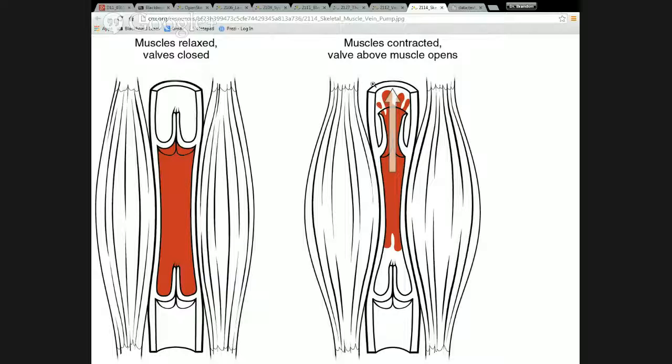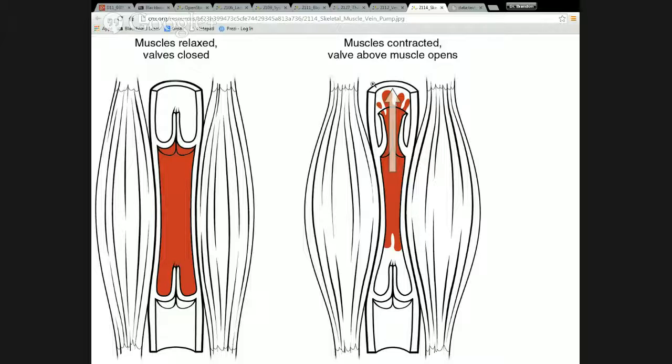Now, to help blood flow up from our lower extremities, meaning our legs, against the force of gravity, we have this muscular pump. What that means is the heart is the pump for the cardiovascular system, but here at the end, we need a little bit of help.